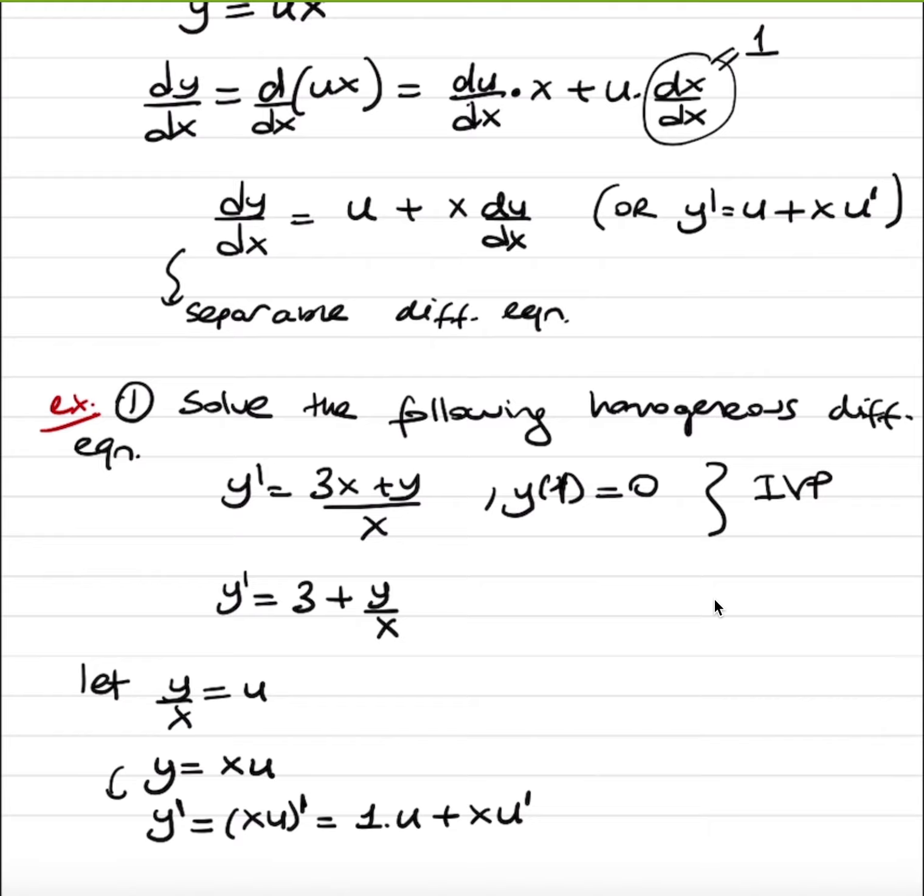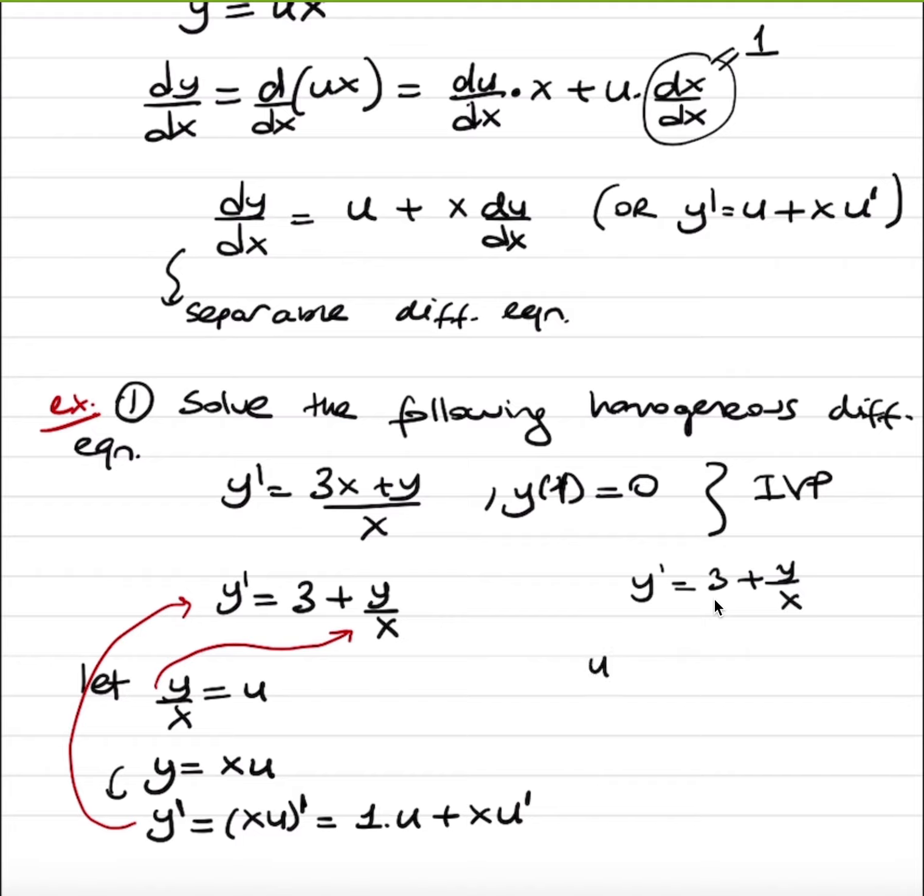Then we will substitute this into the equation. We will substitute y prime here, and y over x here. So we will have y prime is equal to 3 plus y over x.